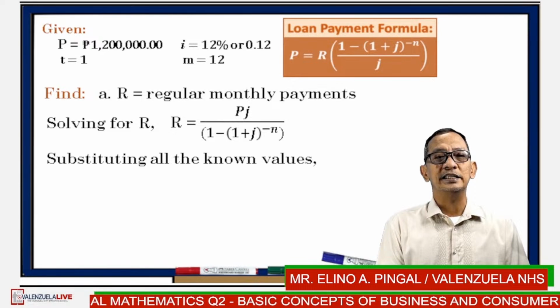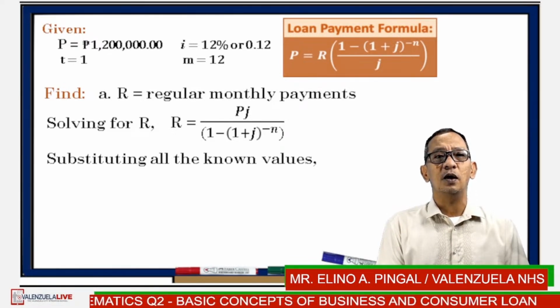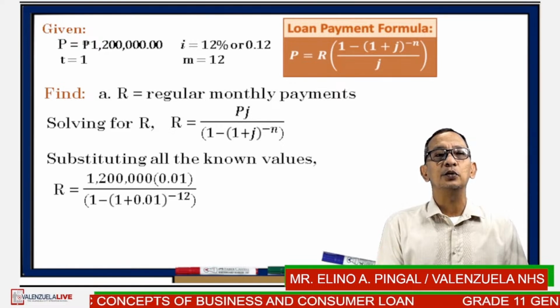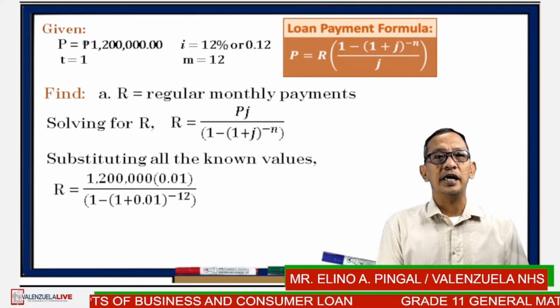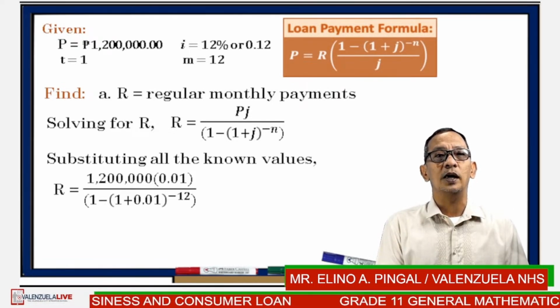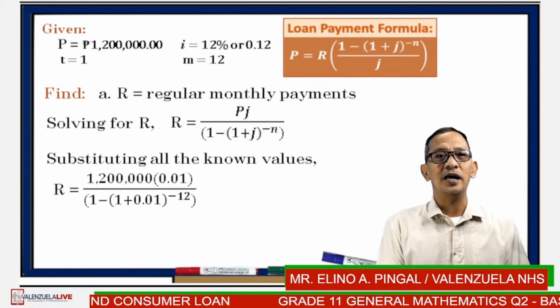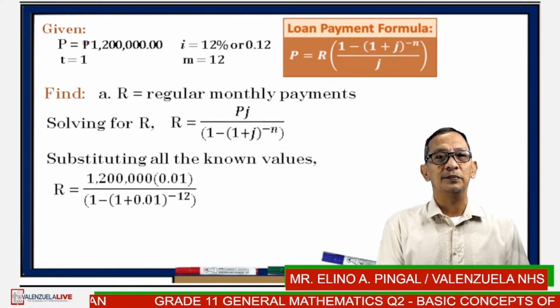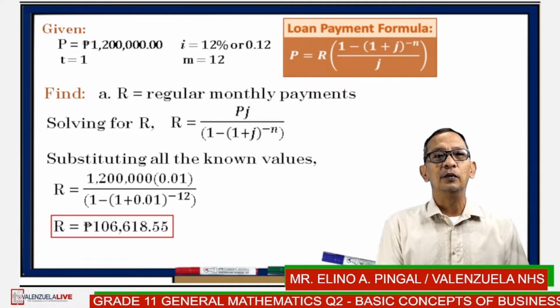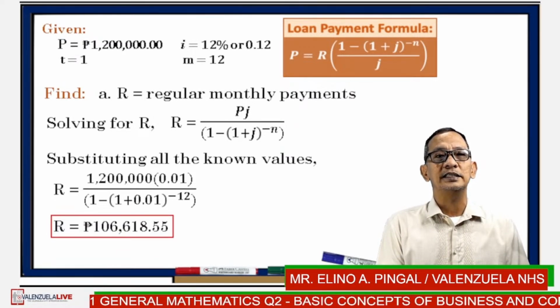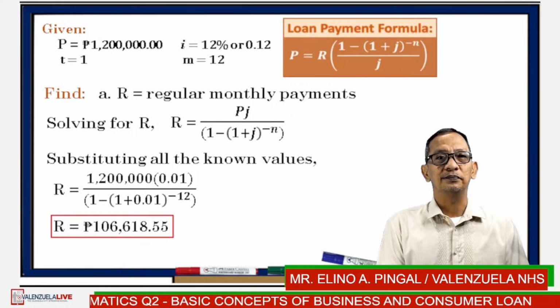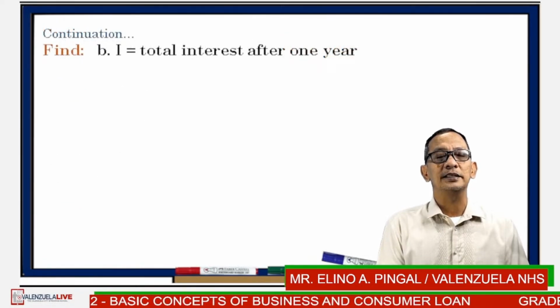Now, substituting all the known values, we have R is equal to 1,200,000 times J, which is equal to 0.01, all over 1 minus the quantity 1 plus 0.01 raised to negative 12. Computing, we have R equivalent to 106,618.55 centavos. That is for the regular payments.